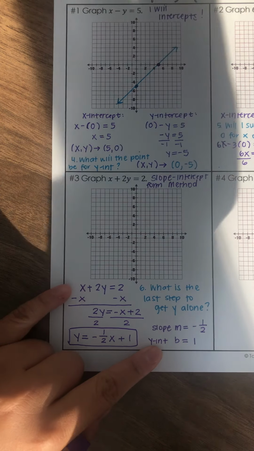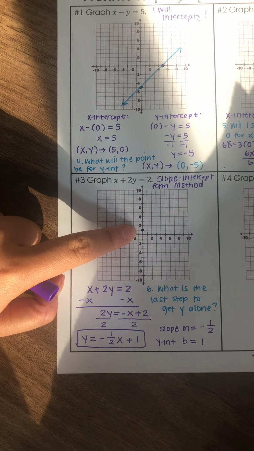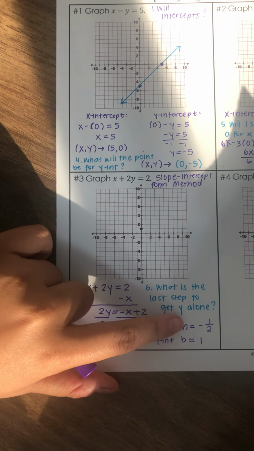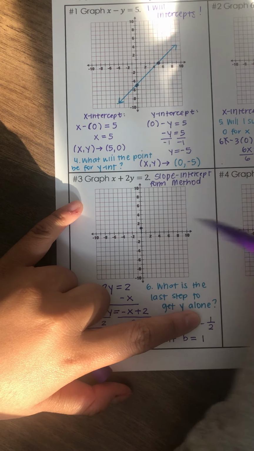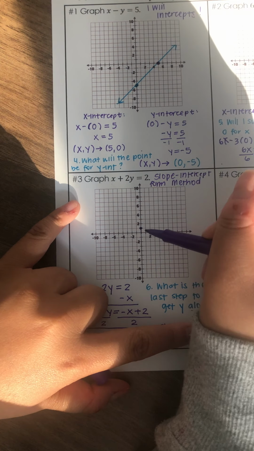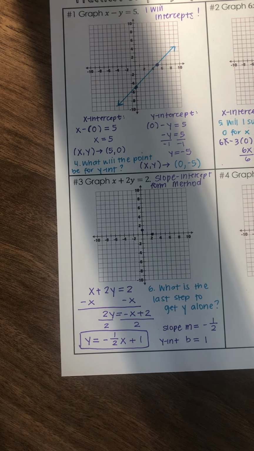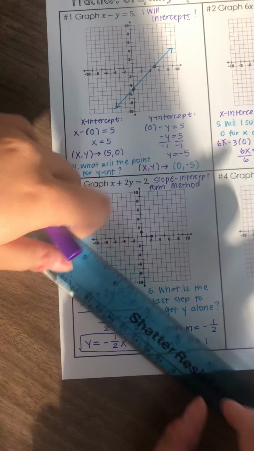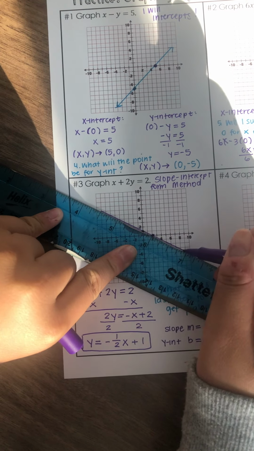So I know my y-intercept is at positive 1, so I can plot a positive 1. My rise is going to be a negative 1, so I will go down 1 space, and I will run a positive 2, which is 2 spaces to the right, which would lead me right there. And I now have 2 points that I can connect to draw my line.